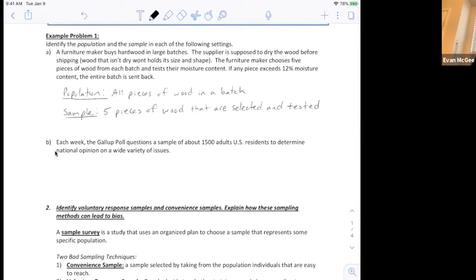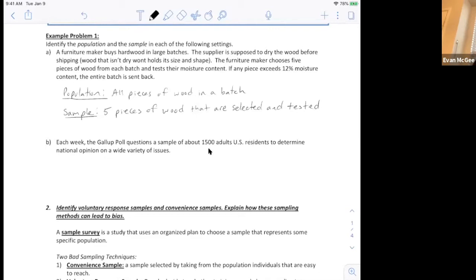Next example. Each week, the Gallup poll questions a sample of about 1,500 adults, U.S. residents, to determine national opinion of a wide variety of issues. They haven't identified exactly what the issue is, but they want to know about all U.S. residents, and they're using a sample of 1,500.